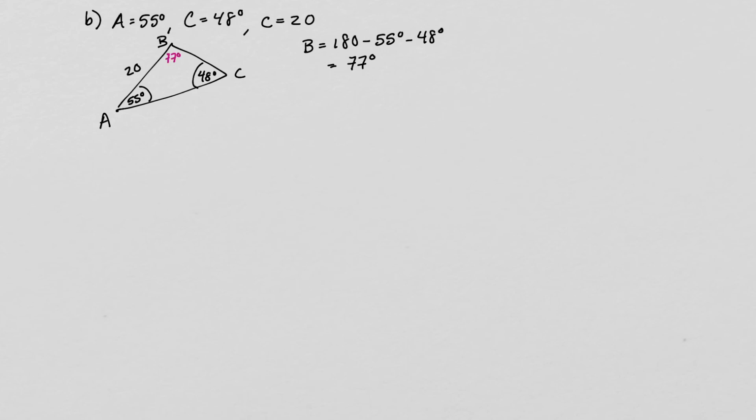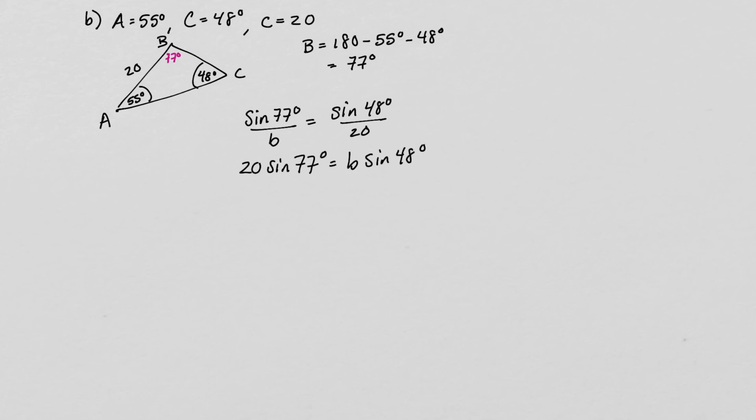So this here is big B, 77 degrees. If I want to find little b, we're just going to do the sine of 77 degrees over little b equals, so this time we happen to have the C pair here. So we're going to have the sine of 48 degrees over 20. So 20 sine 77 degrees equals b sine 48 degrees.